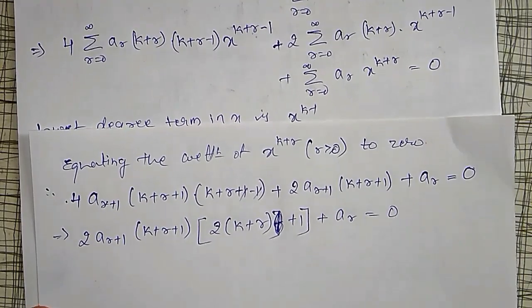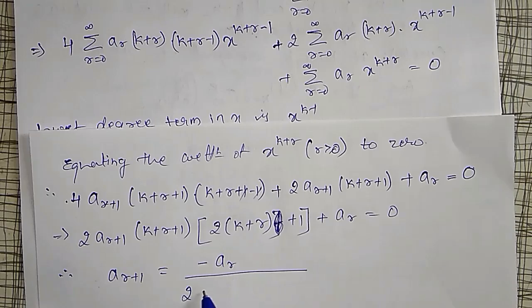Therefore a(r+1) is equal to, I can write directly, minus a(r) divided by 2 times (k plus r plus 1) into (2k plus 2r plus 1).